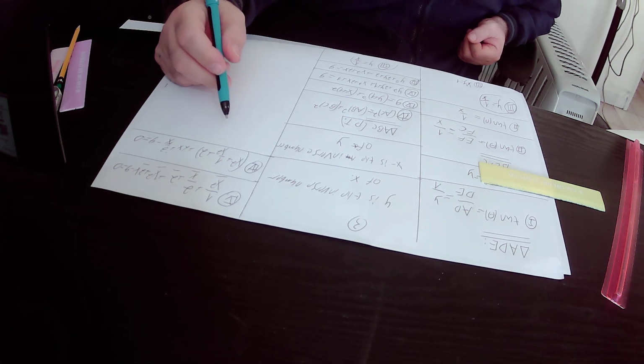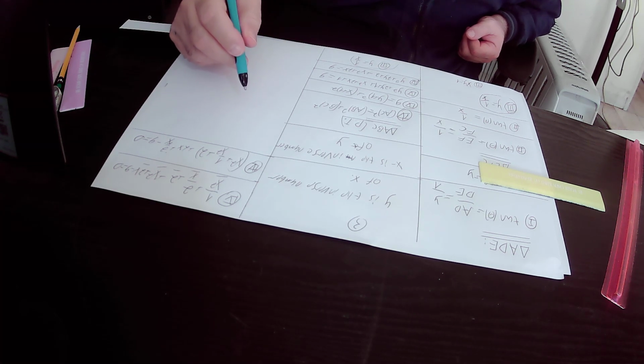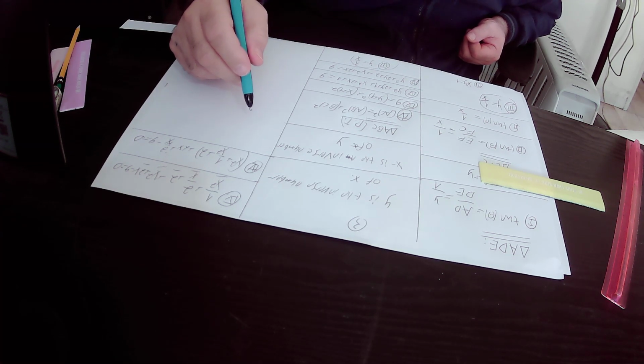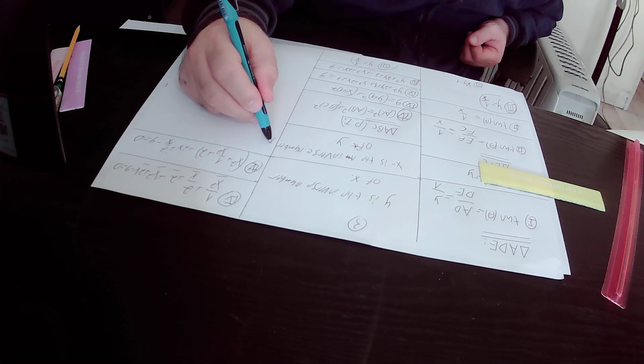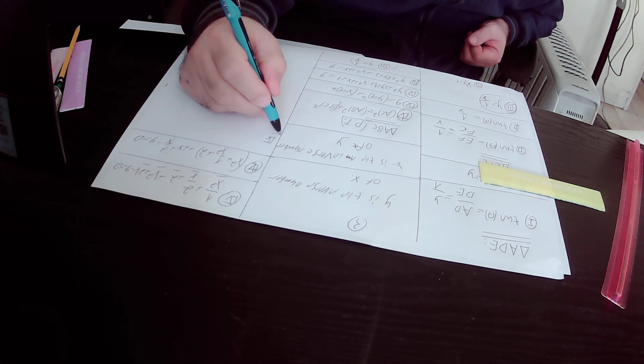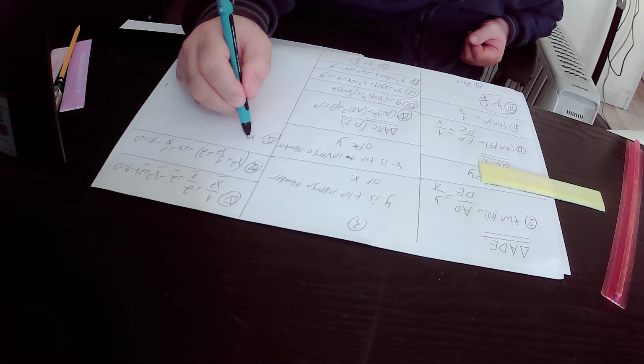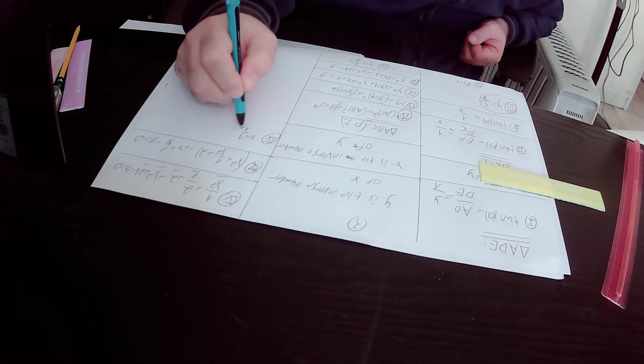Here x squared plus 1 over x squared plus 2 equals (x plus 1 over x) squared. So I write it down, equals (x plus 1 over x) squared.